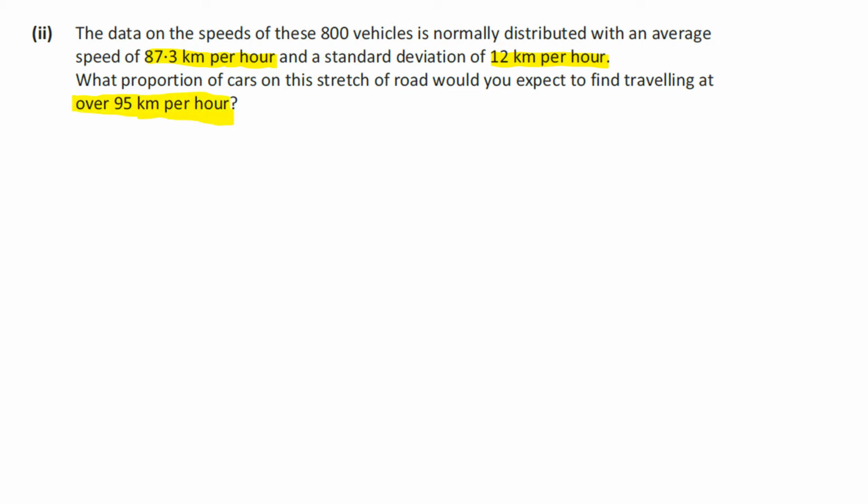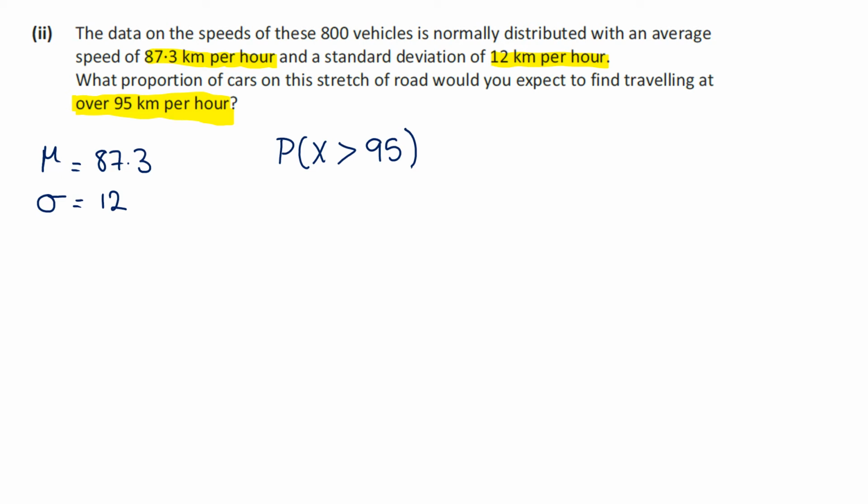Now, this might throw students because of the talk of 800, you think we're in the sample, but because they're talking about these 800 being normally distributed, we're going to treat this like the actual mean. So we have the mean here as 87.3 kilometers, and the standard deviation is 12 kilometers per hour. And what we're trying to find is the probability that the speed is over 95 kilometers per hour.